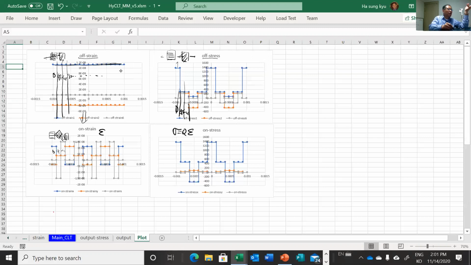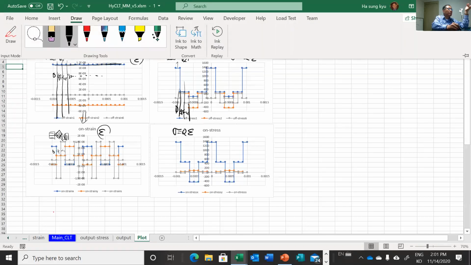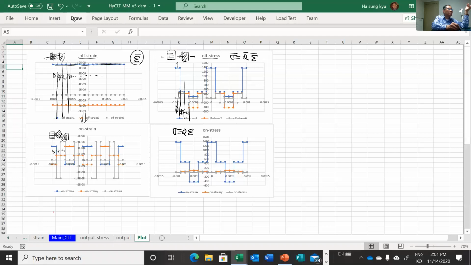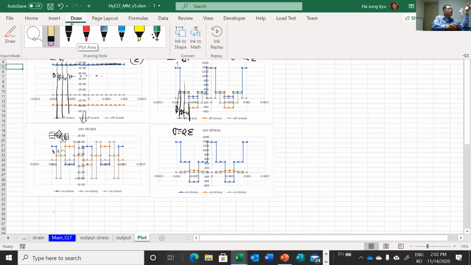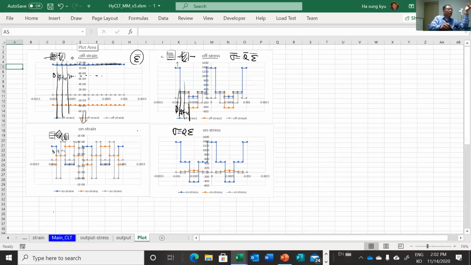This is the epsilon, this is the epsilon bar off-axis, and this is the Q bar and sigma bar, right? So this one, epsilon bar and epsilon. I'm going to delete this one. This is the epsilon, this is the epsilon bar, and this is the, where?